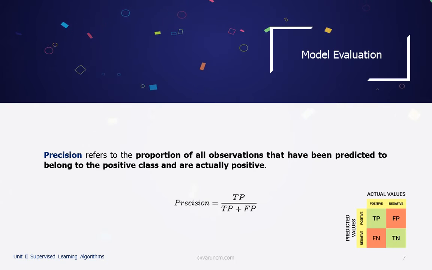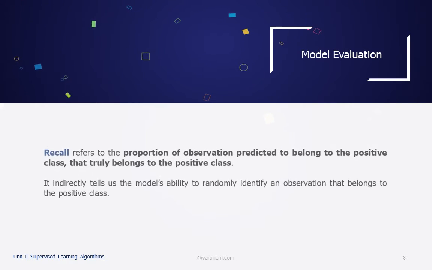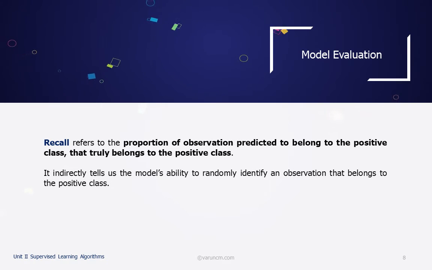The second thing we are going to look into is the recall. Recall is the ratio between the number of positive samples correctly classified as positive to the total number of positive samples. I think it is clear.